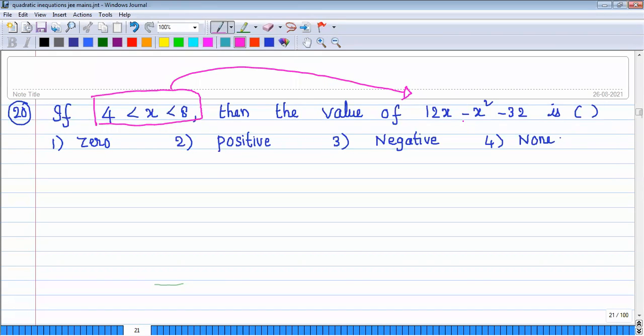Between 4 and 8 we have 5, 6. Let us consider x is equal to 5. Now find f of 5.